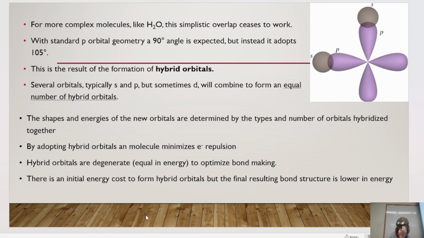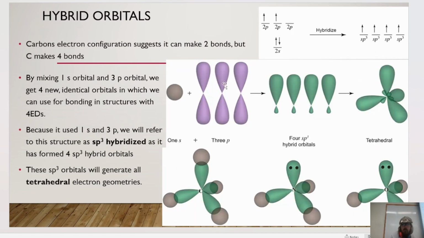They're all the same energy. While this does cost energy to do, we often spend a little bit of energy to get rid of the low energy orbital. We get better outcomes. So here's the simplest example of hybrid orbitals.